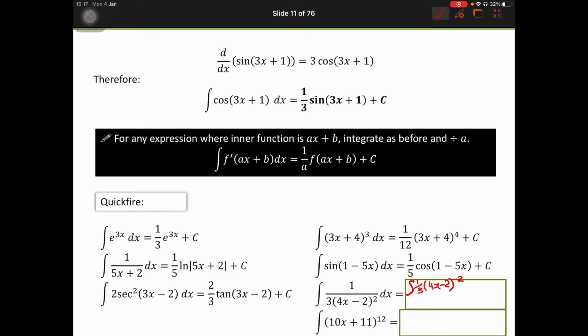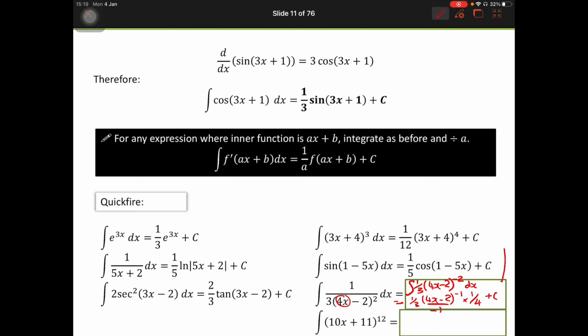So we will integrate it as if it's u first. So add 1 to the power, divide by the new power, will leave me with a third lots of 4x minus 2 to the minus 1, all over minus 1. But we have to remember I've got a 4x here, so I need to make sure I times by a quarter, and then I'll add c on again.